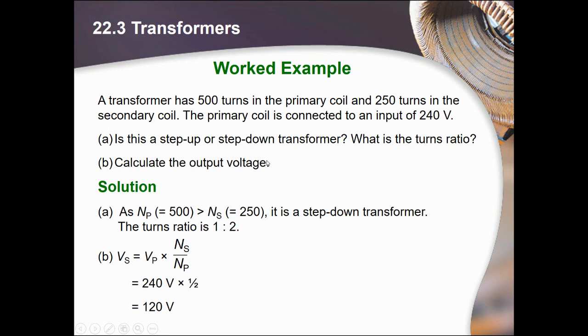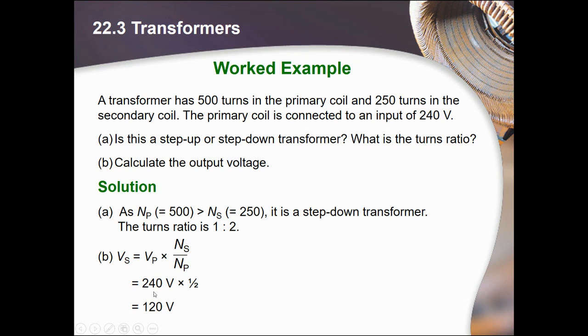Next, I need to calculate the output voltage. The input is 240 V. I need to use the formula Ns over Np equals Vs over Vp. I want to find the secondary output, so Vs equals Ns over Np times Vp.